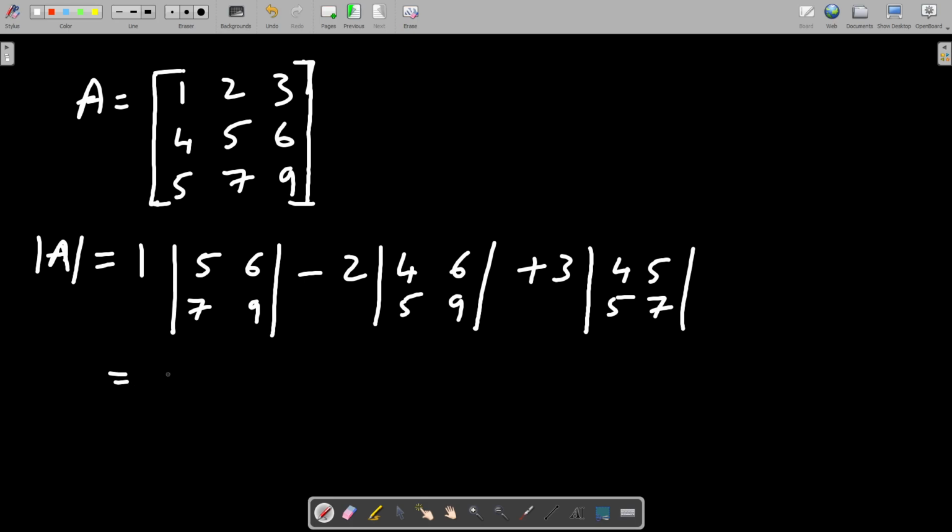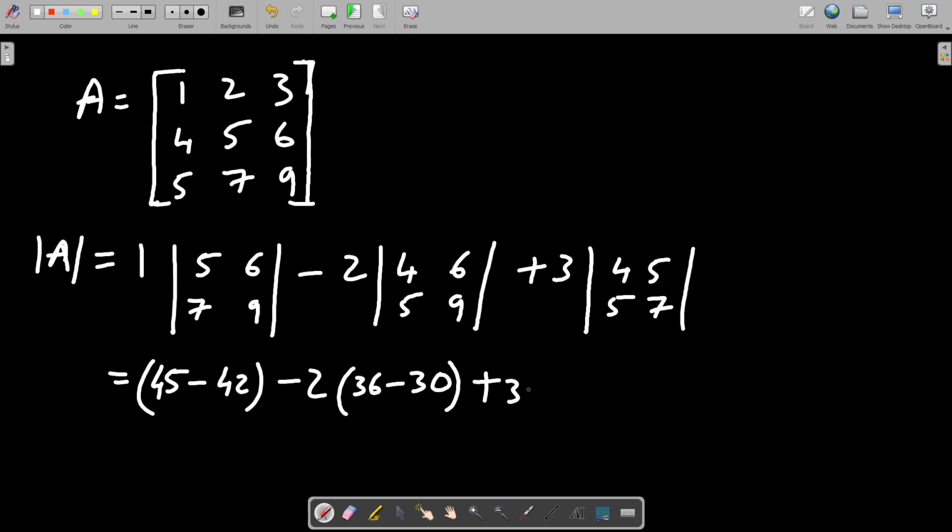Okay, this will be 5 into 9, that will be 45, minus 7 6s are 42. Minus 2 times 9 4s are 36, minus 30, and this will become 3 times 7 4s are 28, minus 25.